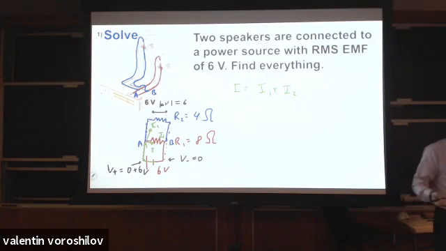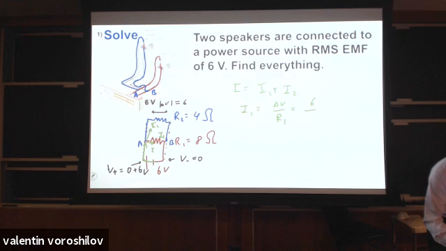Do we need to use it? Well, if we have to calculate everything, yes. What could we calculate right now? Every current. Current number 1 will be equal to delta V over R1, which is 6 over 8. 2 and 2, 3 over 4. Yeah.